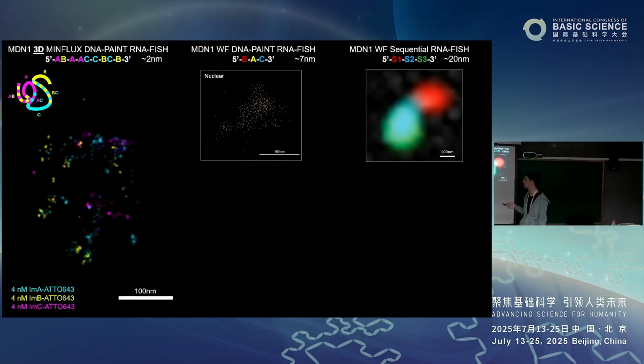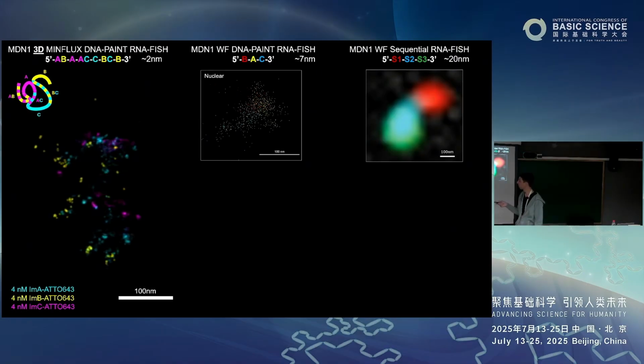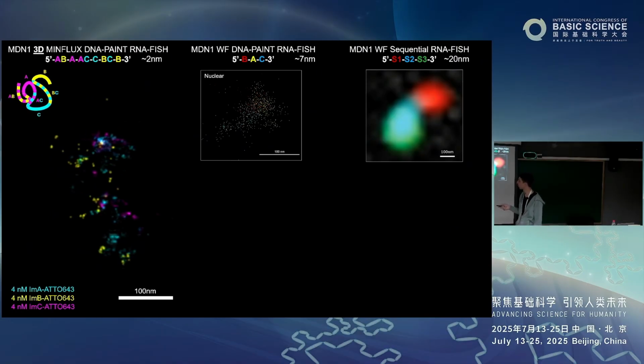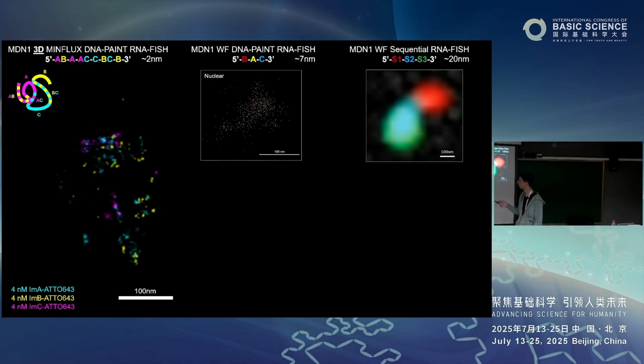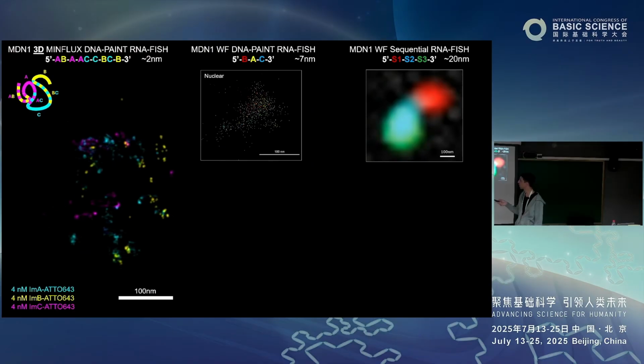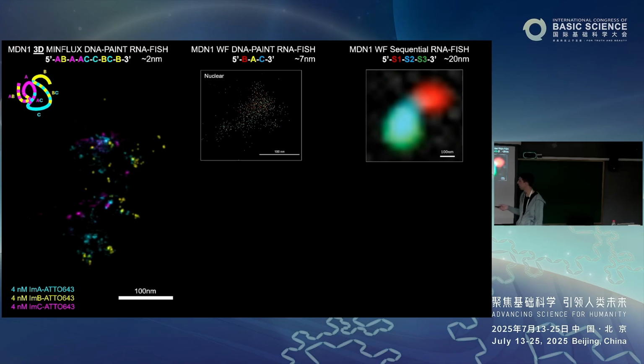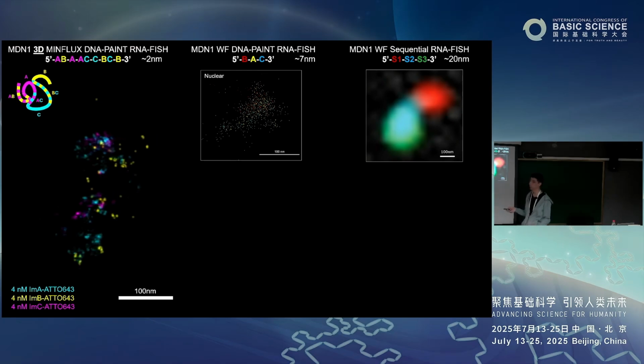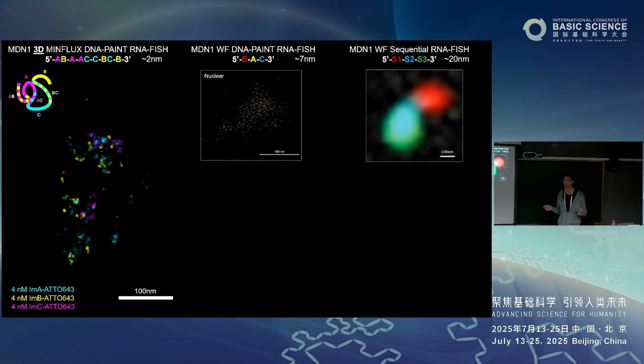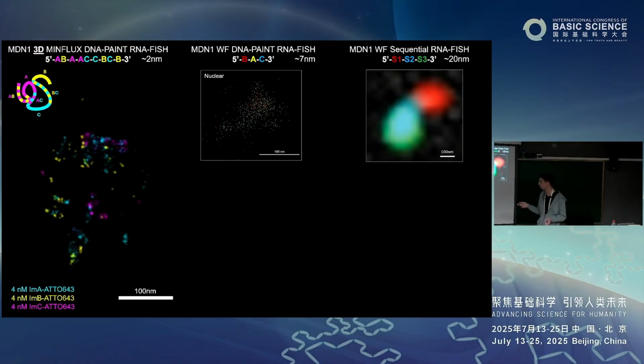We can have images that look like this, perhaps not so obvious to follow, but what you see here is 2 RNA particles, one here and one here. The one that is here has this magenta, cyan, yellow region, and this is the other one. And we can really get maps of distances, compaction distances across the sequence of the RNA.